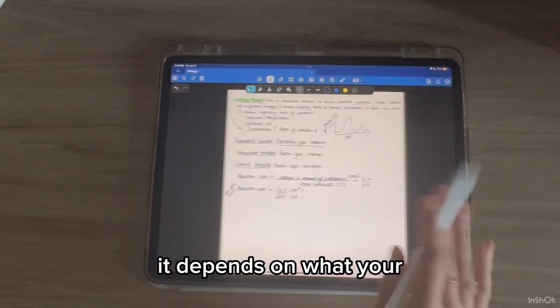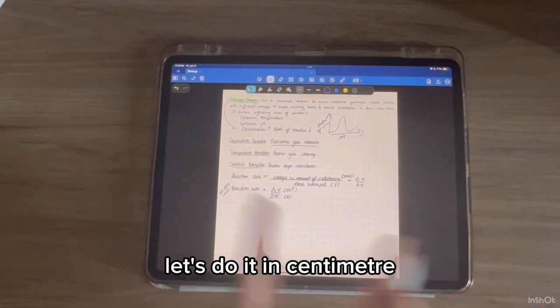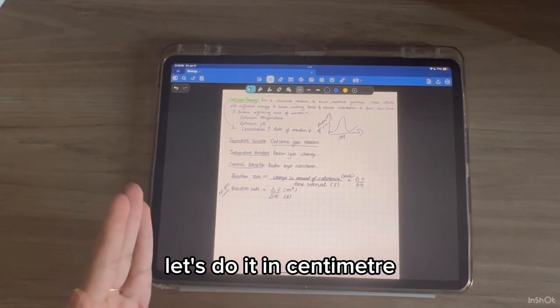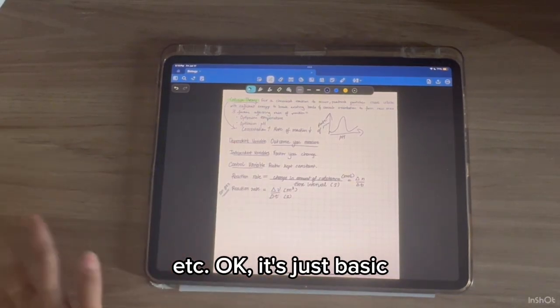So it depends on what your school will be saying. Okay, it's just basic measurements.